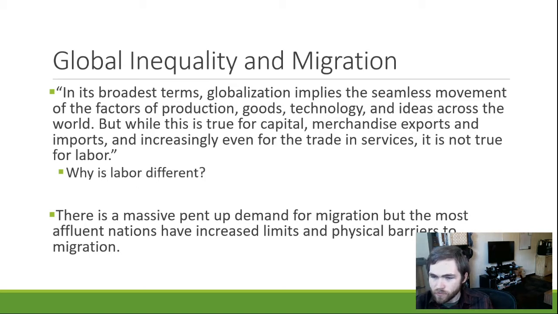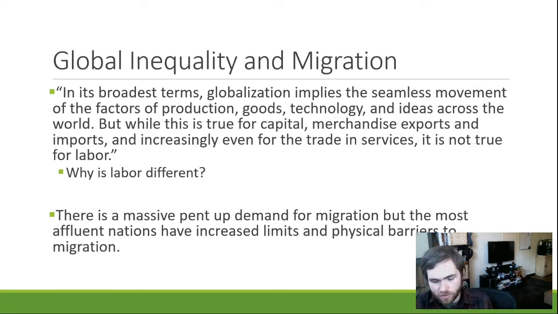And so we see that basically all countries on the face of the planet, especially rich countries, tend to place a high barrier on getting in. We have work visas. We have quota systems in some places.